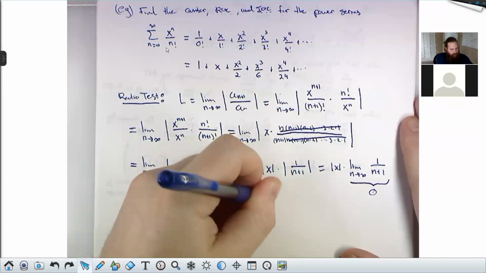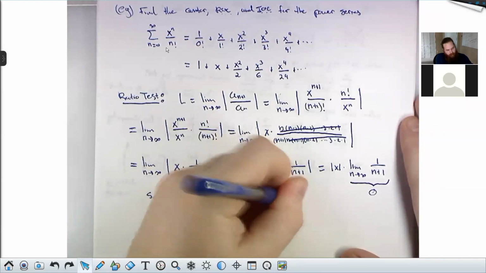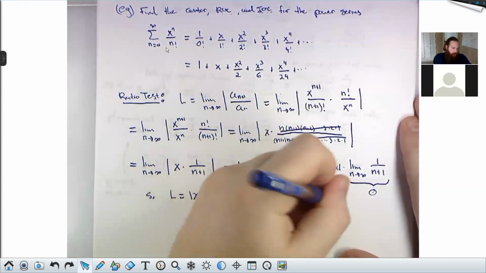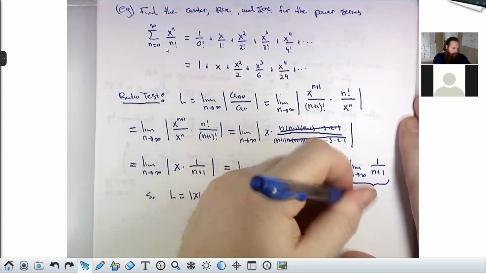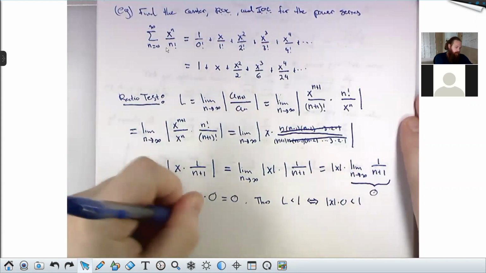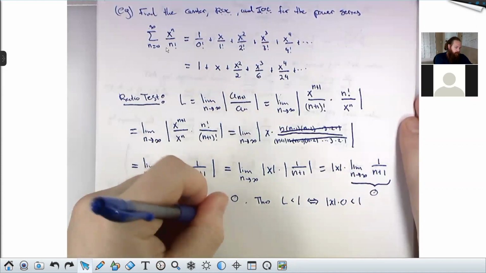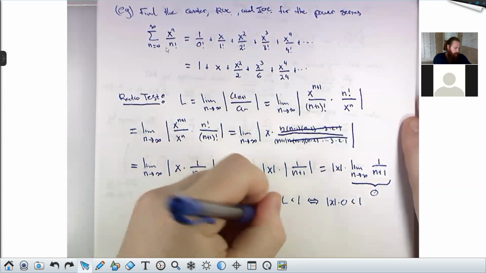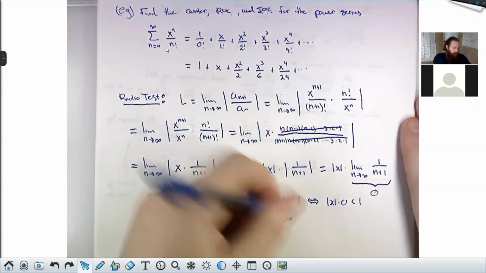Thus, L is less than 1 as long as the absolute value of x times 0 is less than 1, which is true for any real number x.